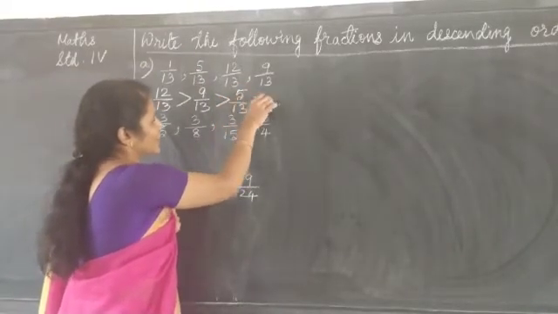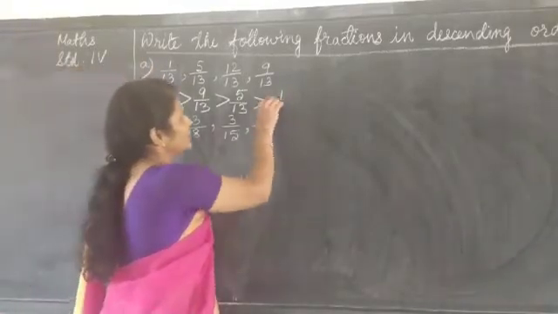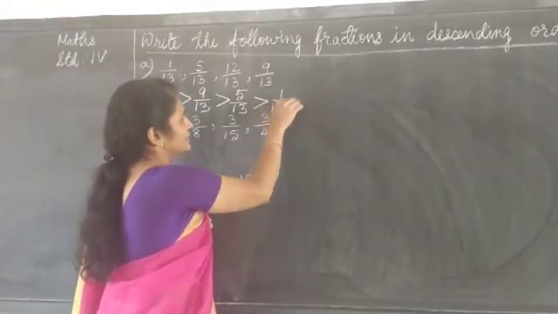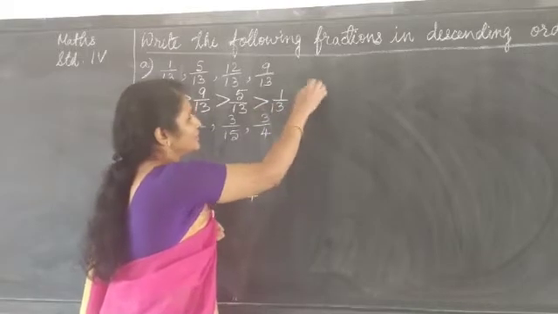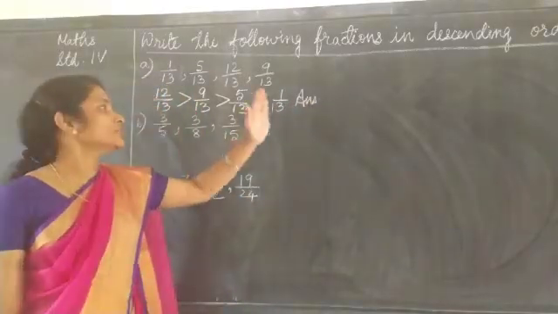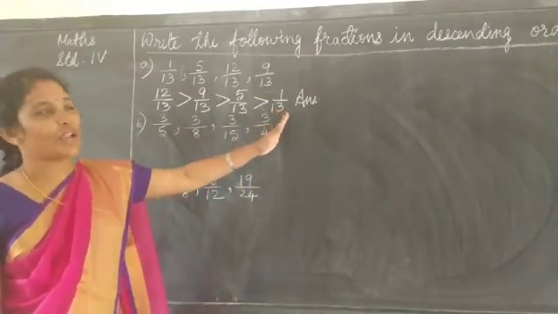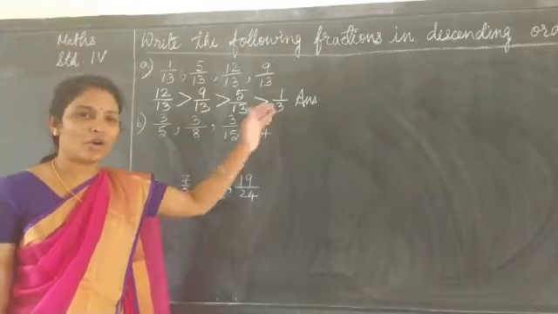And 5 by 13 is greater than which fraction? 1 by 13. That is the answer of this question. We have written them from greater to the smallest. This is the way we have to write them in descending order.